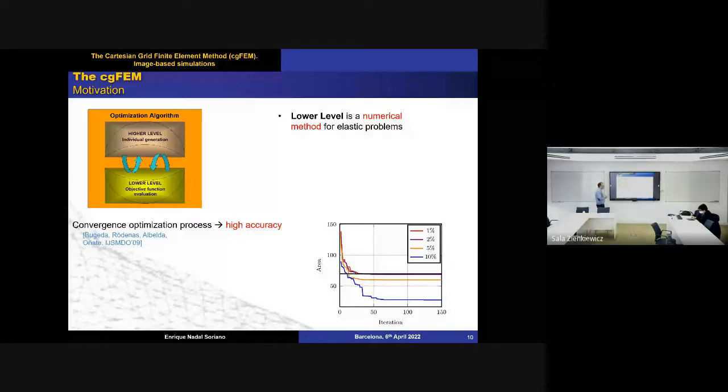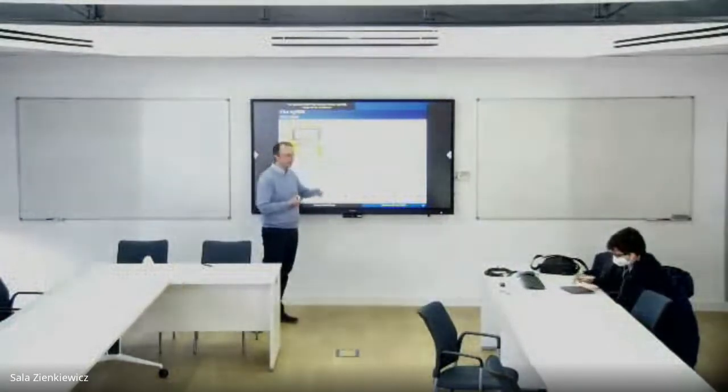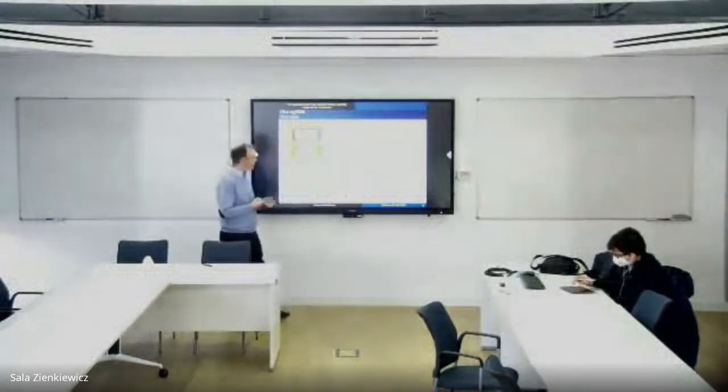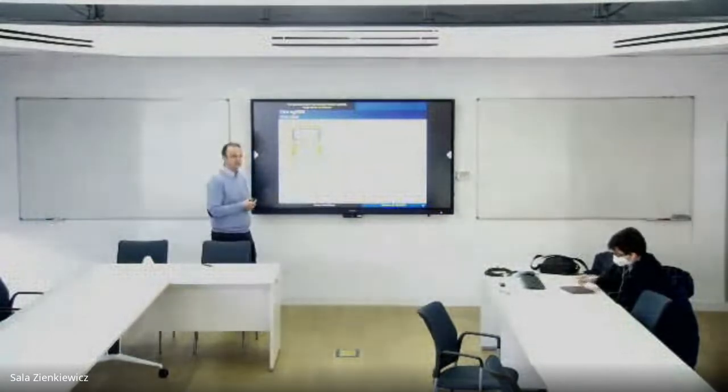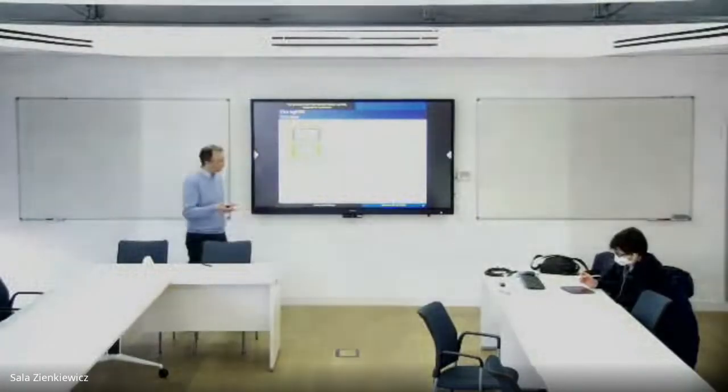But depending on the accuracy of the finite element simulation, the area that the optimization procedure gives us could differ from the real, the optimal one. So it's important to control, and this control has to be really robust, because the user cannot supervise the mesh at each iteration of the iterative process.